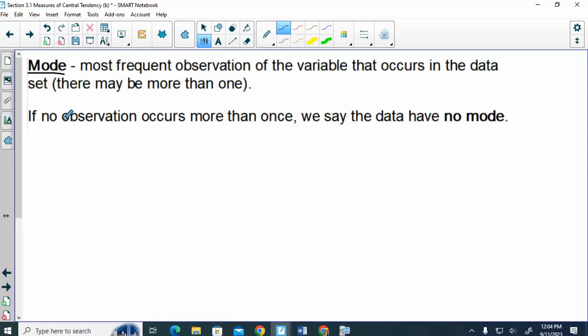So you might say no mode. Maybe I had two different things that tied for the most frequent, so you could have more than one. So mode is our most frequent observation. It is possible to have none. We don't have any shorthand for mode. We just write the word.